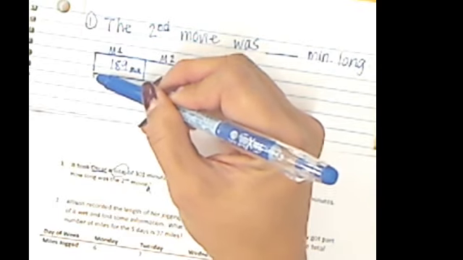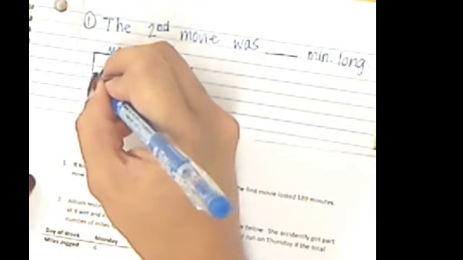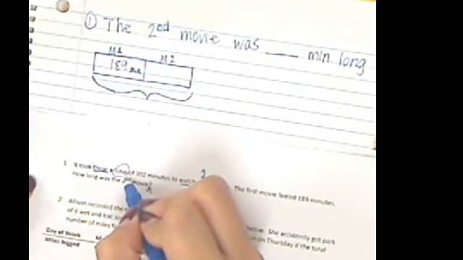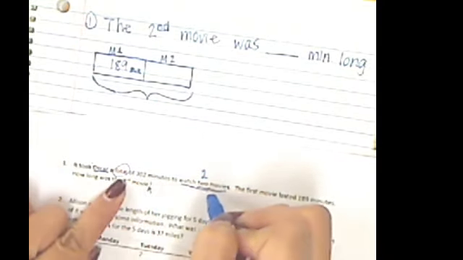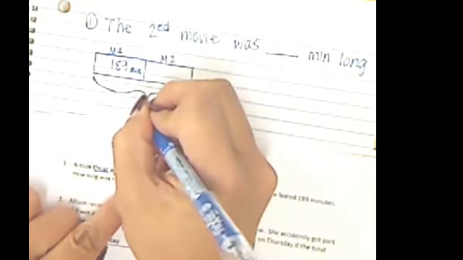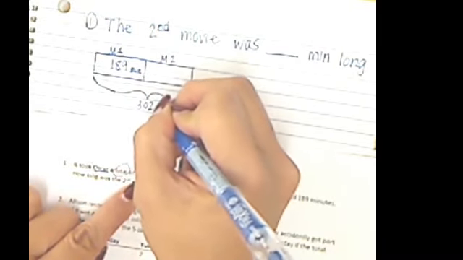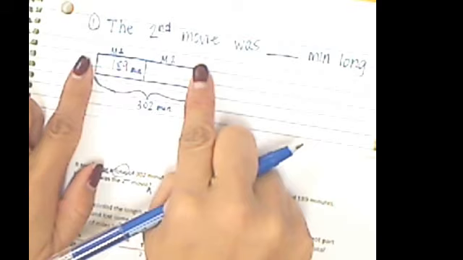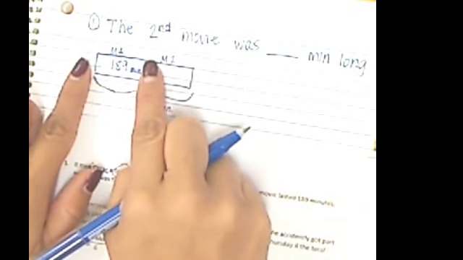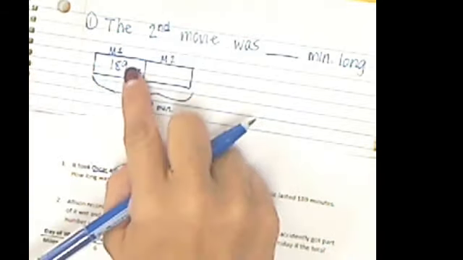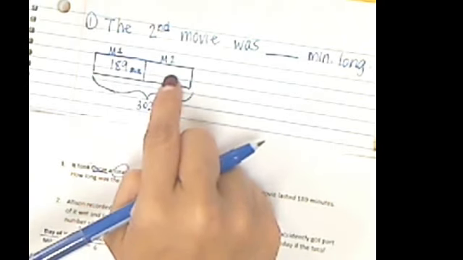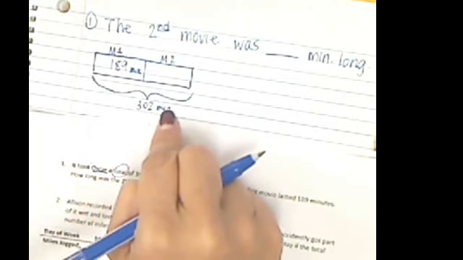At the very end, after watching both movies together, the total time that he spent watching both movies was 302 minutes. Okay? So if the total was 302, and you already know one piece of it, if you look at this, you know that this block plus this block is going to equal the whole thing.